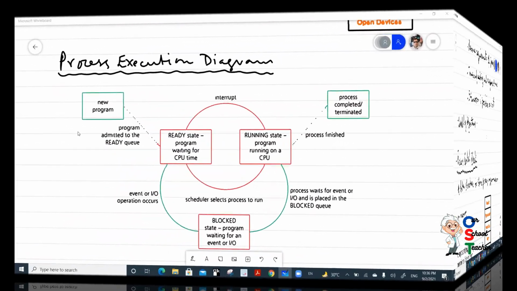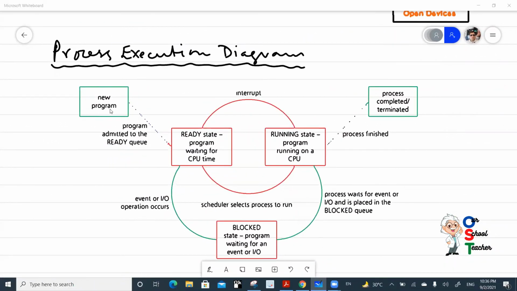Now, when the program is executed, it generates a process by the operating system that will be in a new state, and from this state the process will come to waiting state, meaning it will wait for the operating system. Then it comes to ready state, and from ready state it will come to running state. Running state means the CPU has given its time to the process.